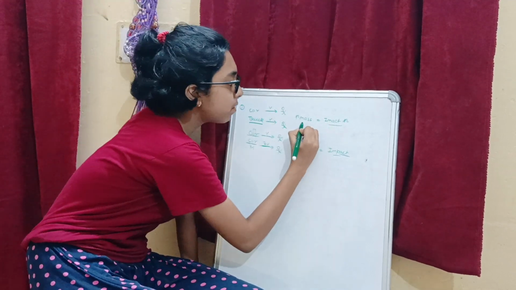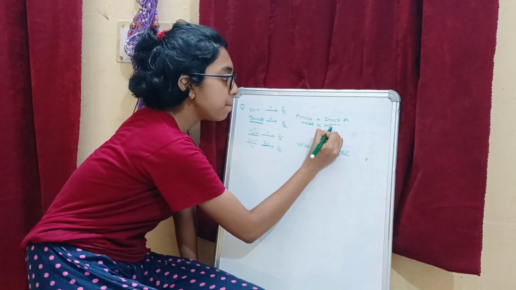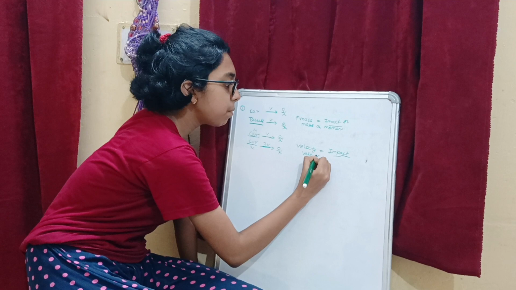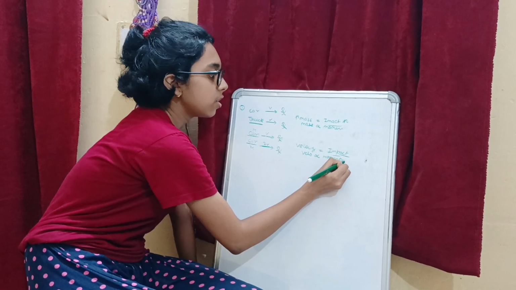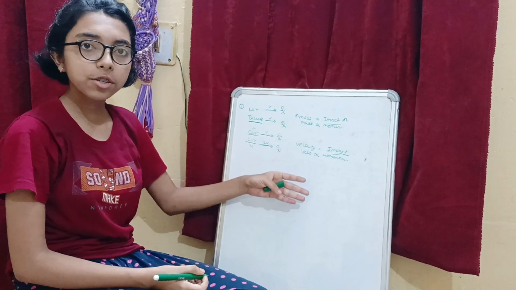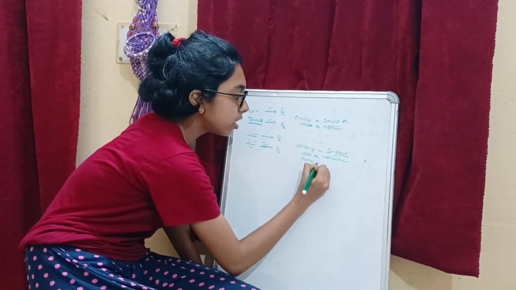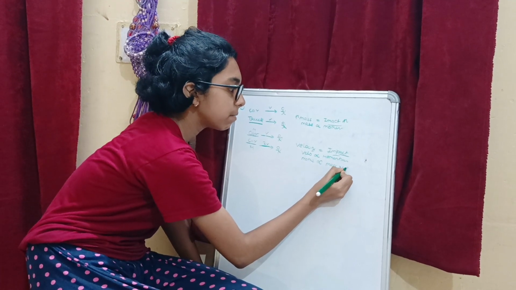We say that mass is directly proportional to momentum, and similarly velocity is also directly proportional to momentum. Now when we combine these two, we see that momentum is directly proportional to mass multiplied by velocity.